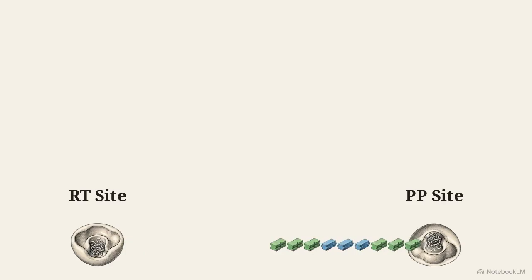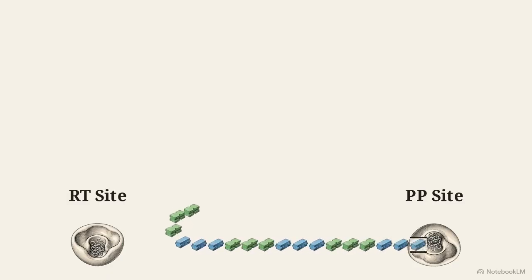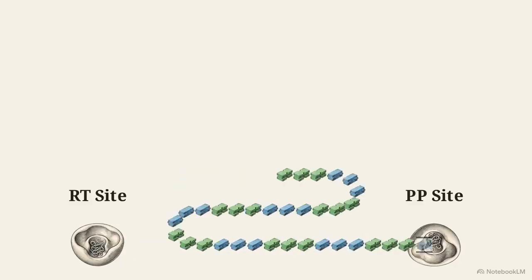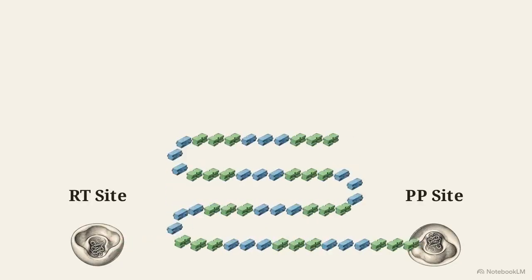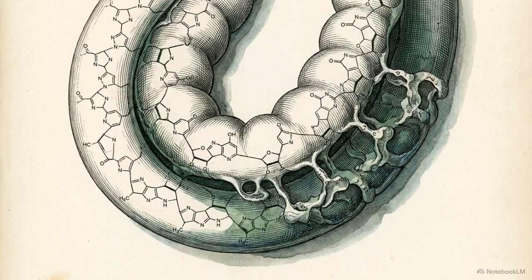The RT domain resets the cycle, adding a fresh block of poly-T onto the returning chain. This initiates a rapid ping-pong repetition. The growing strand bounces between the RT and PP domains, adding alternating blocks with every pass. Older sequence segments continually fold back on themselves, acting as the required templates for the newly extending layers.